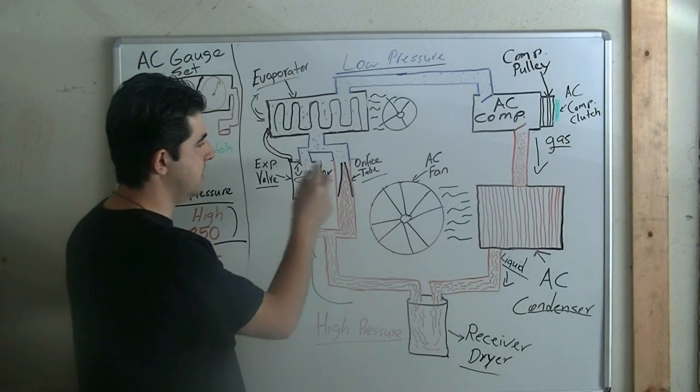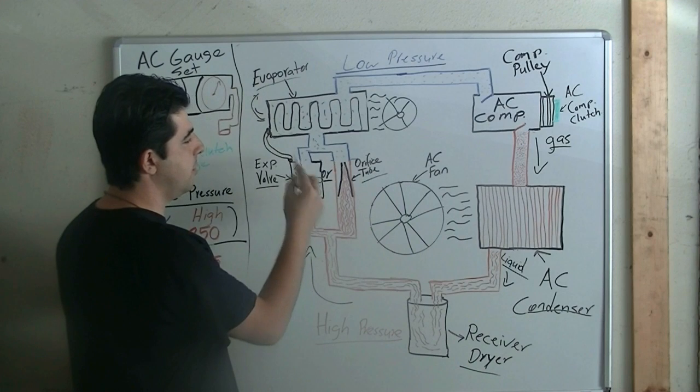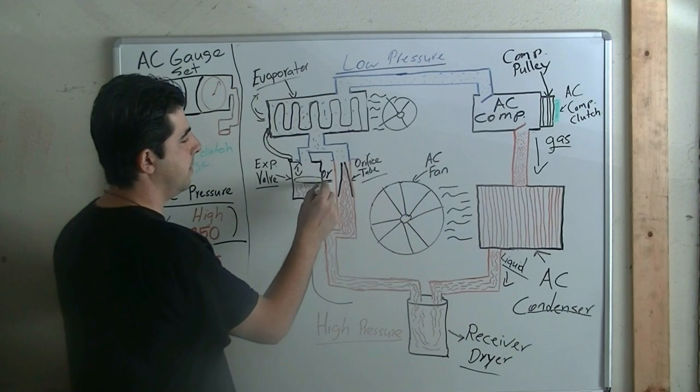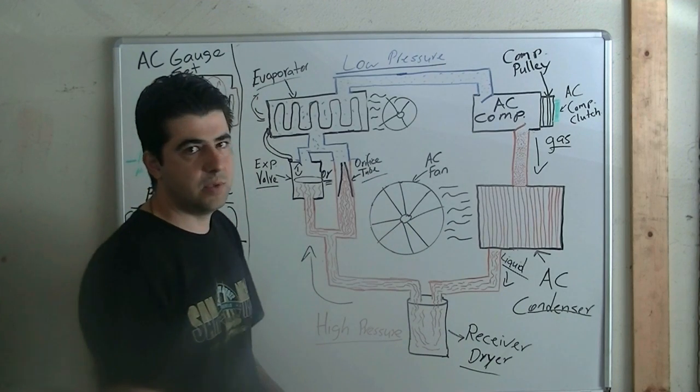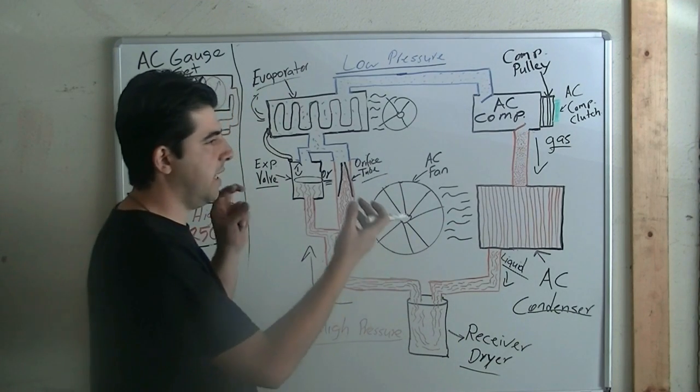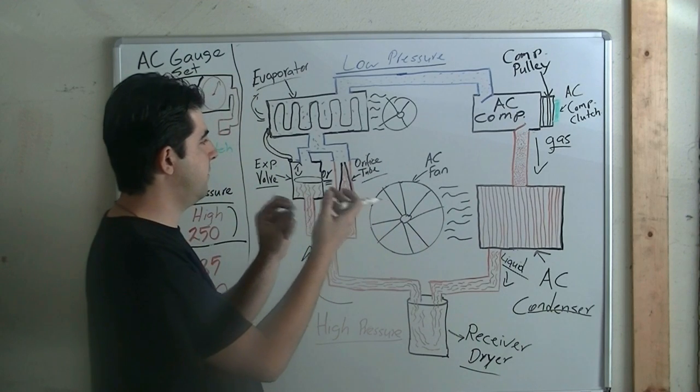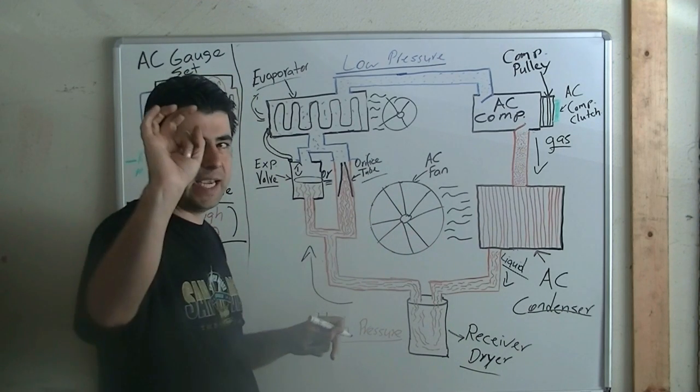I know I've drawn it like this, and it looks like it goes through both, but it's either or, okay? Either your orifice tube or an expansion valve. But they both do the same thing, which is to force the high pressure, pressurized refrigerant through a very, very tiny opening.